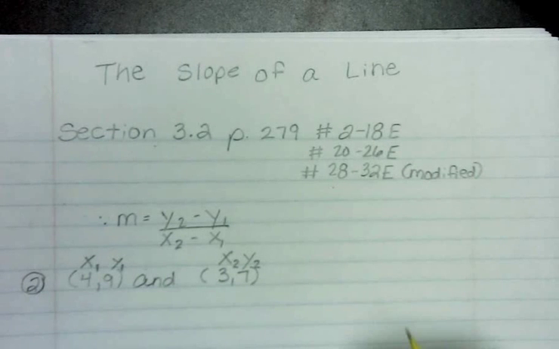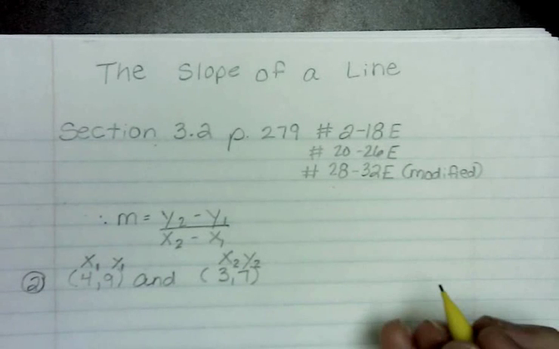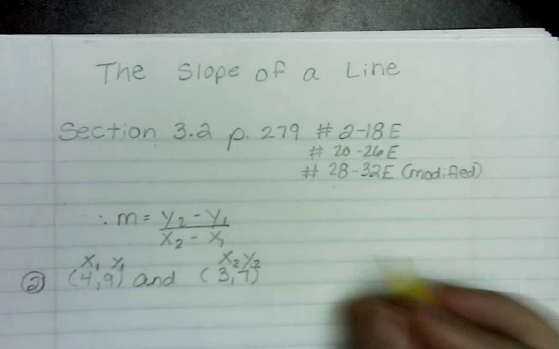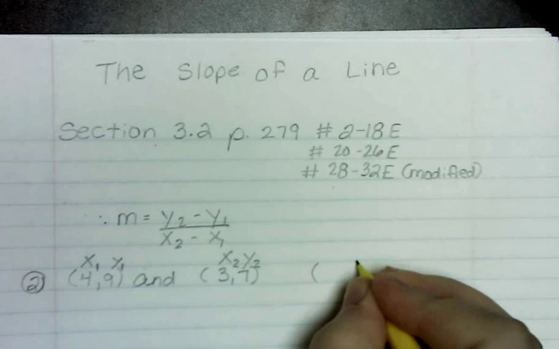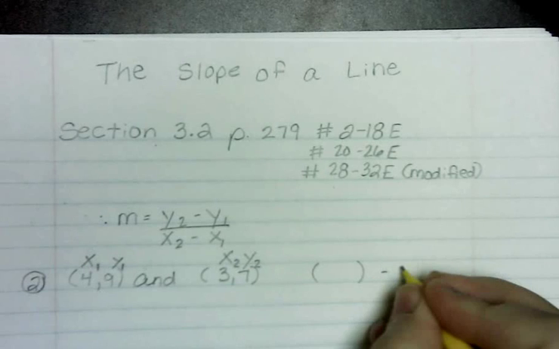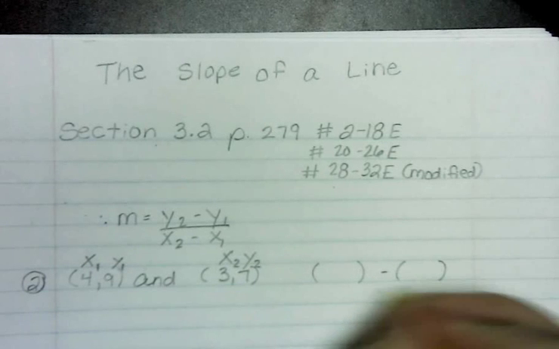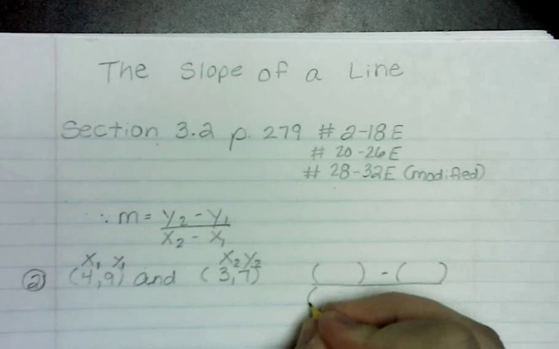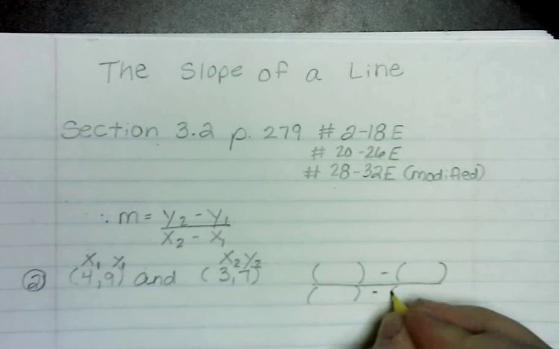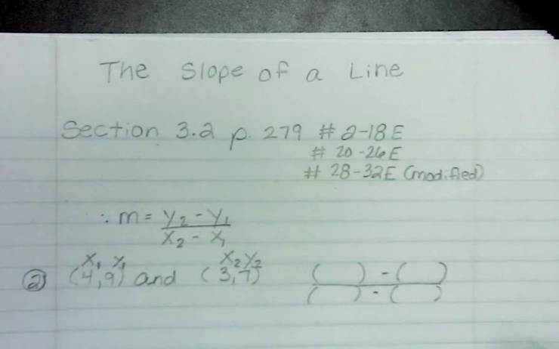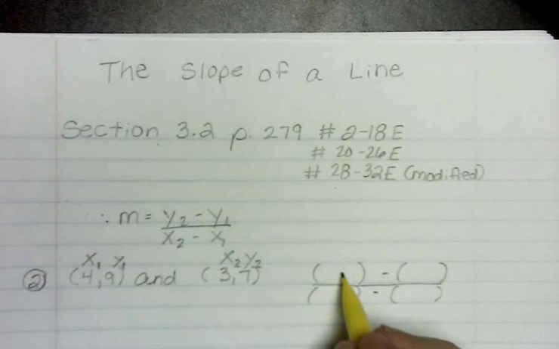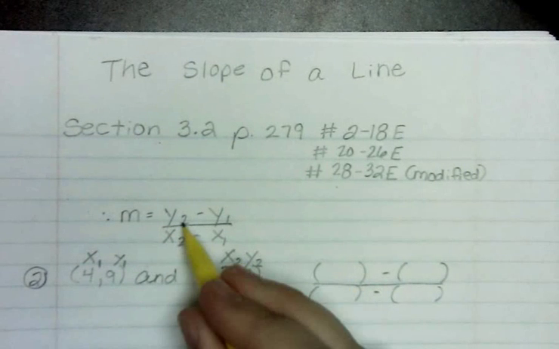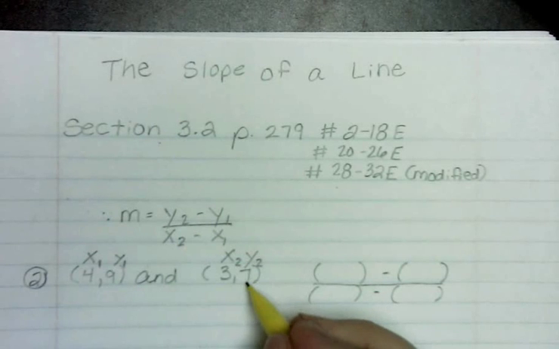So now I'm going to plug them into my formula. I recommend first putting your parentheses down. Remember, whenever you plug in numbers for variables, you always replace them with something in parentheses. So this first value would be y sub 2, and we see y sub 2 was 7.